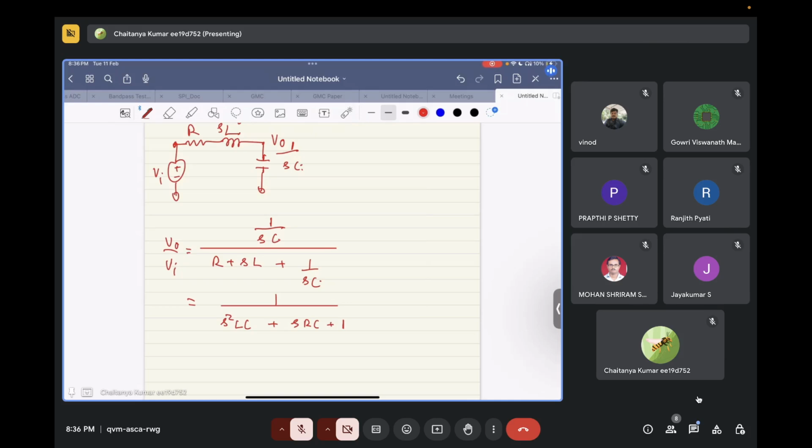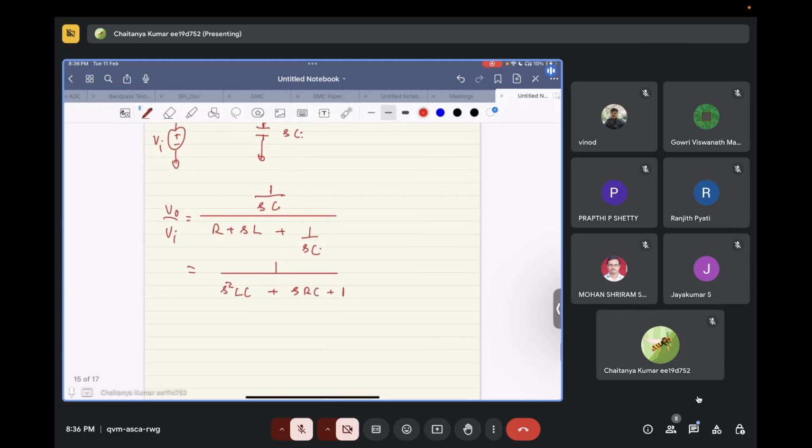Now, if you compare it with the standard transfer function that I wrote, S square by omega naught square plus S by omega naught Q plus 1, right?